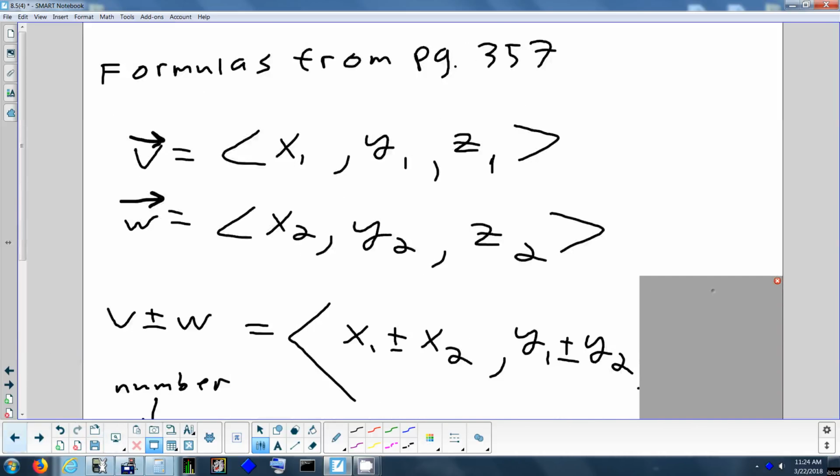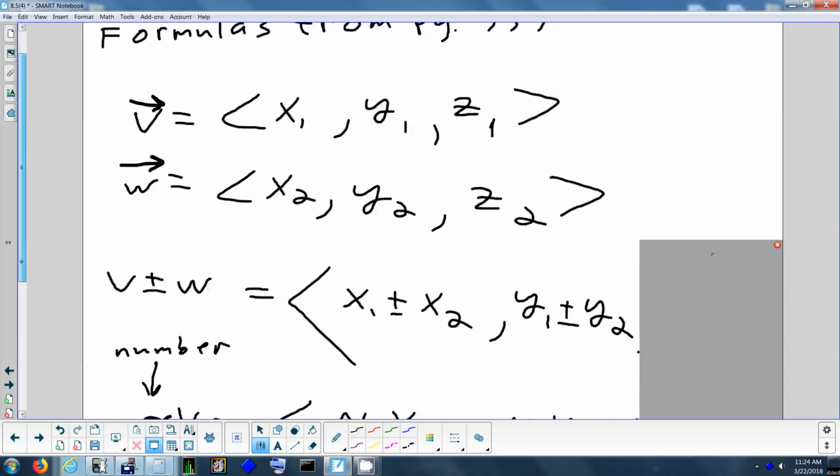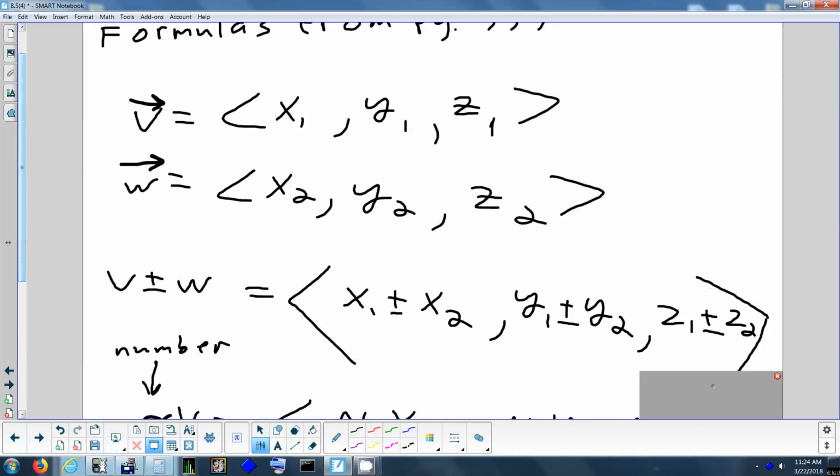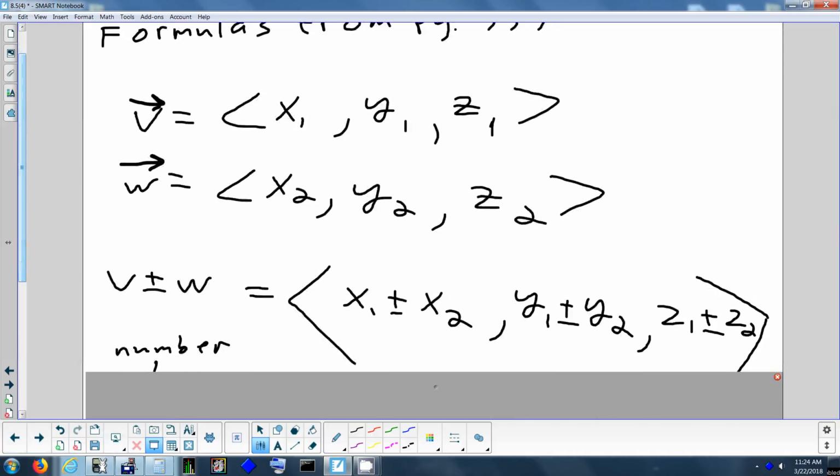What am I going to have to put on the end there to do it in 3D? Z1 plus Z2 if you're adding, minus if you're subtracting. So I just combined it all into the same formula for adding and subtracting. We either add the x's, y's, and z's, or subtract the x's, y's, and z's.